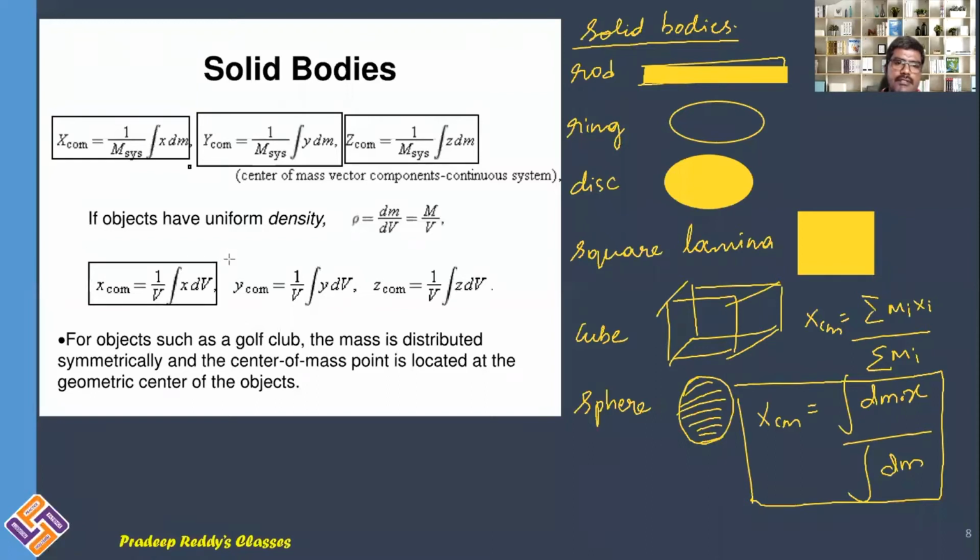Just you will replace this with volume. These are the formulas which we will generally use when dealing with solid objects. So for solid masses, we will use the procedure of differentiation and integration, and calculate center of mass of that solid object.